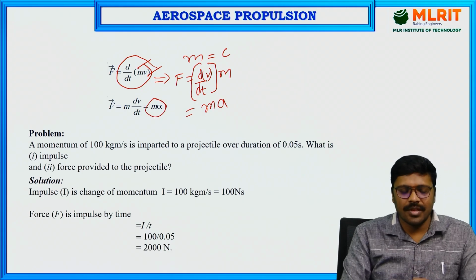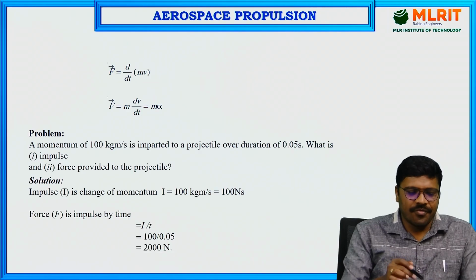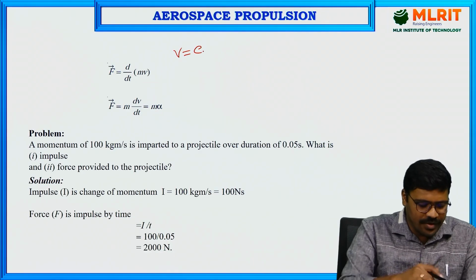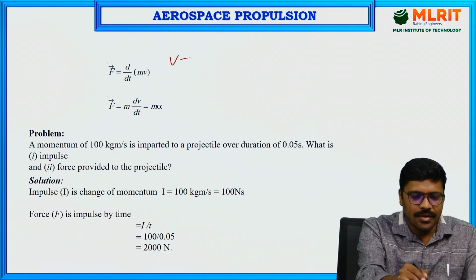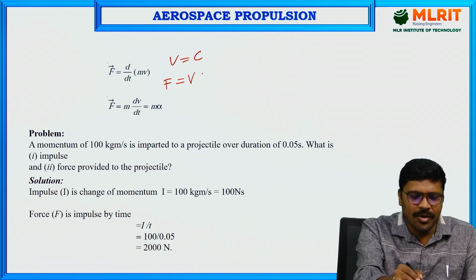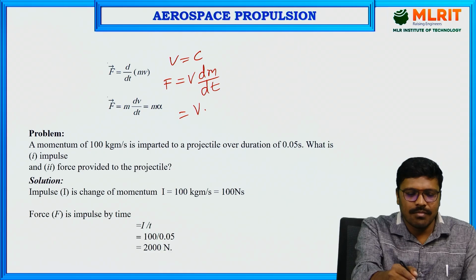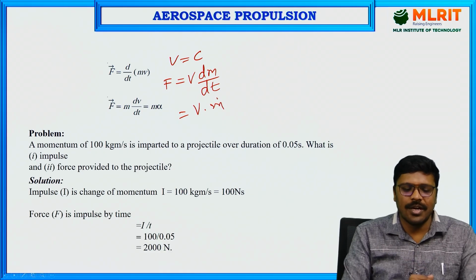Suppose in this equation velocity is constant, then what happens? F is equal to, velocity will come out, then the equation becomes v into dm by dt. Dm by dt is mass changing with respect to time, that is the mass flow rate, m dot.